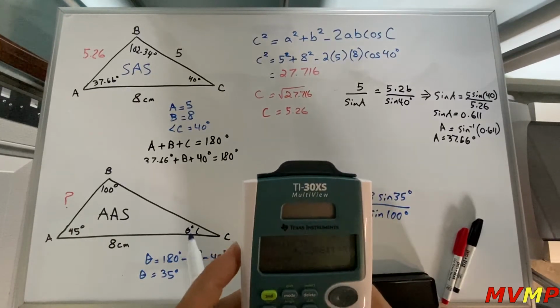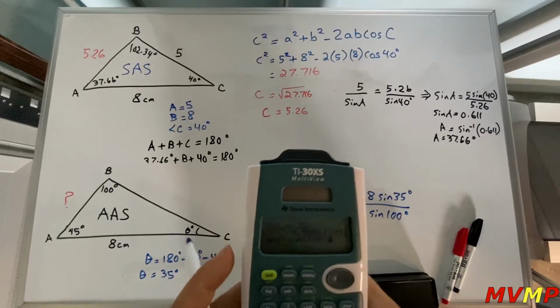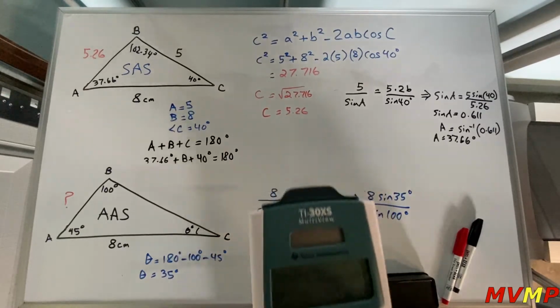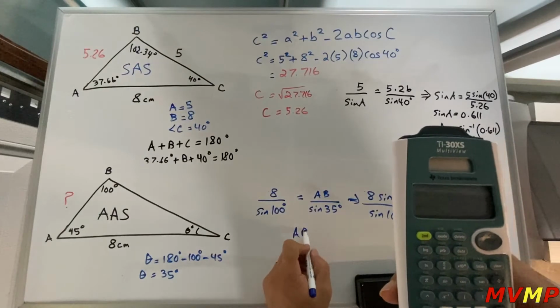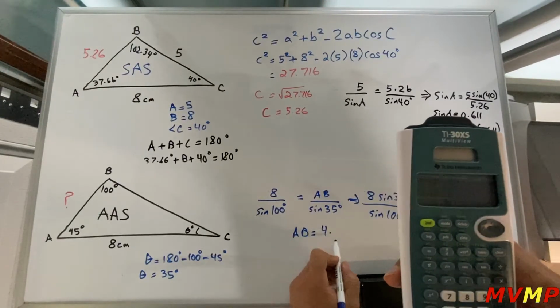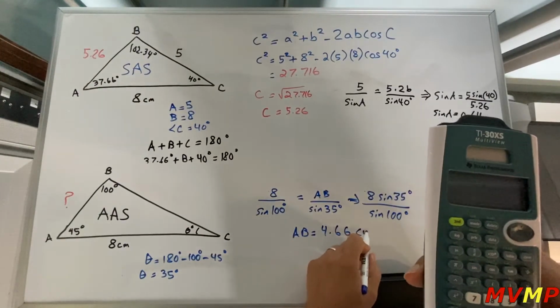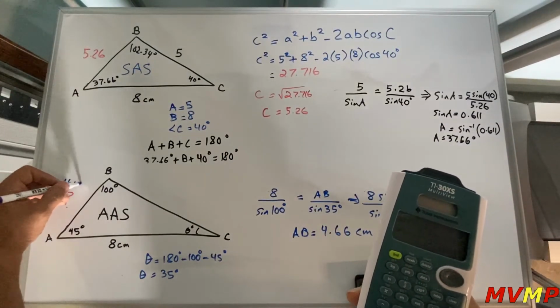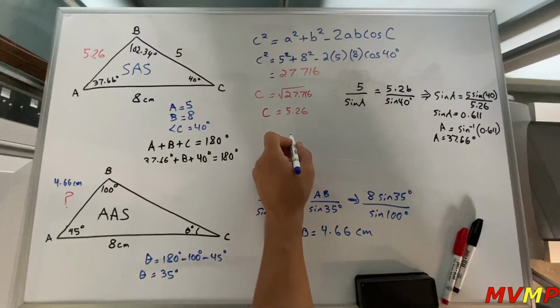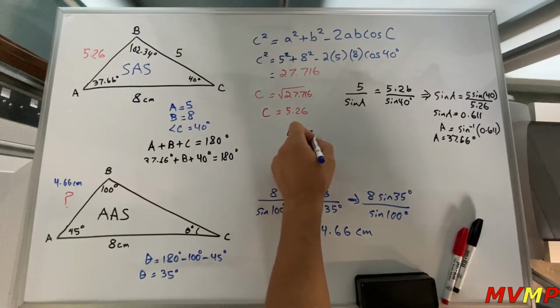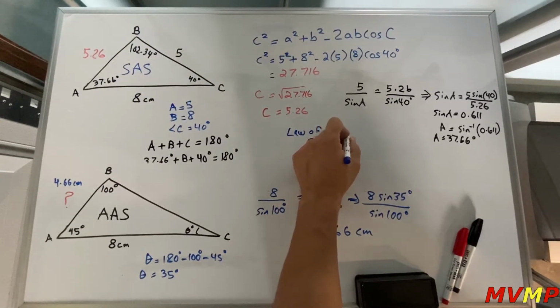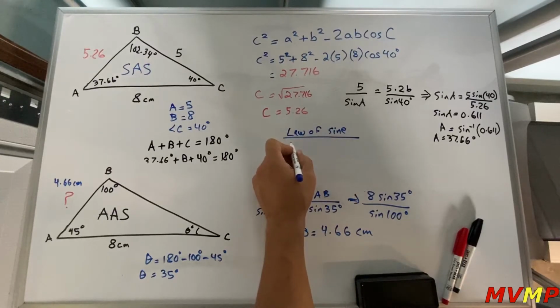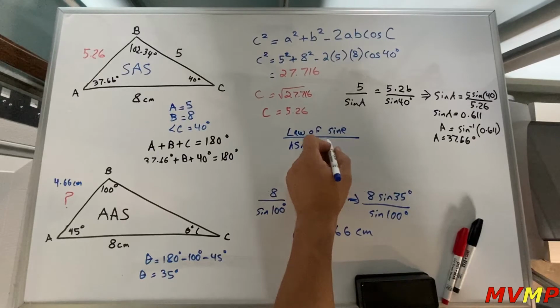Divided by sine of 100, and we see that that side is actually going to be 4.66 centimeters. So now we have that one. For the law of sines, anytime you see a triangle that is ASA or AAS.